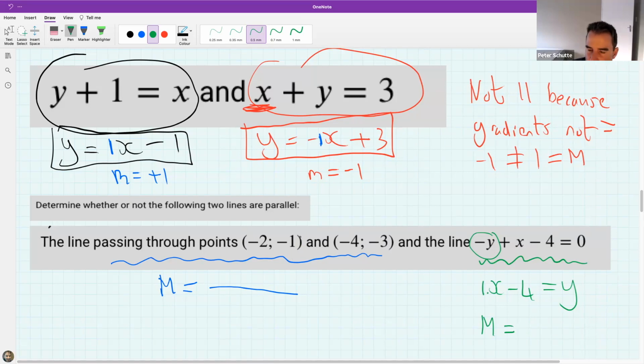Okay, so are they parallel? Are they not parallel? We don't know yet, but if we can find the gradients of both of them, we can compare. So let's see, -3 minus 1, -4 minus 2.